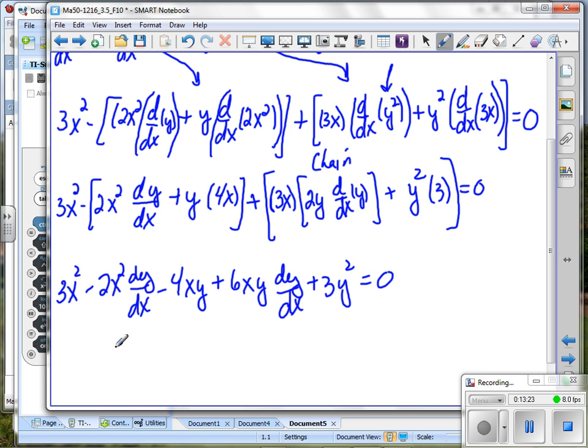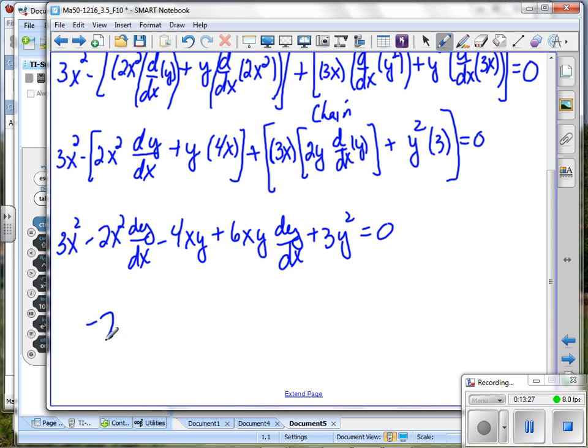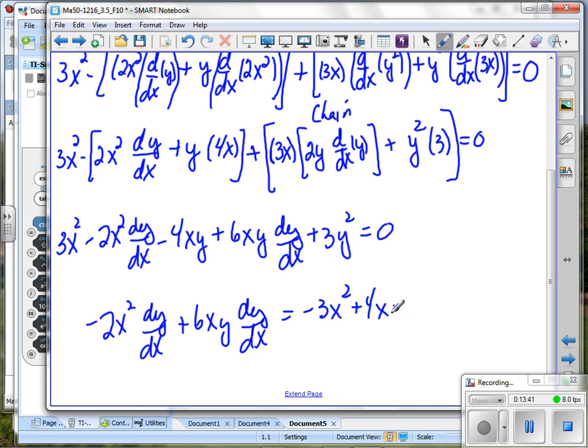Now if I look at this, I can collect like terms. I've got negative 2x squared dy dx plus 6xy dy dx. And I'll put the other terms on the other side, so negative 3x squared plus 4xy minus 3y squared.